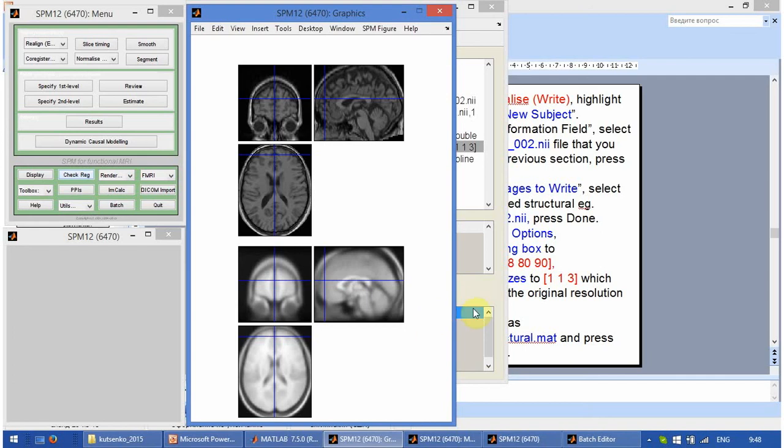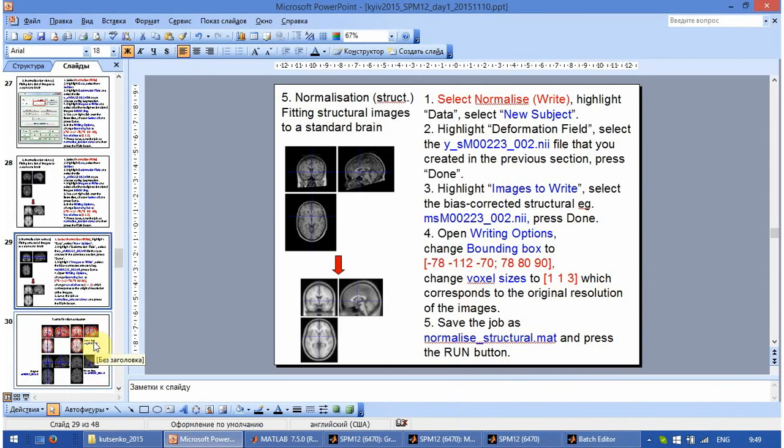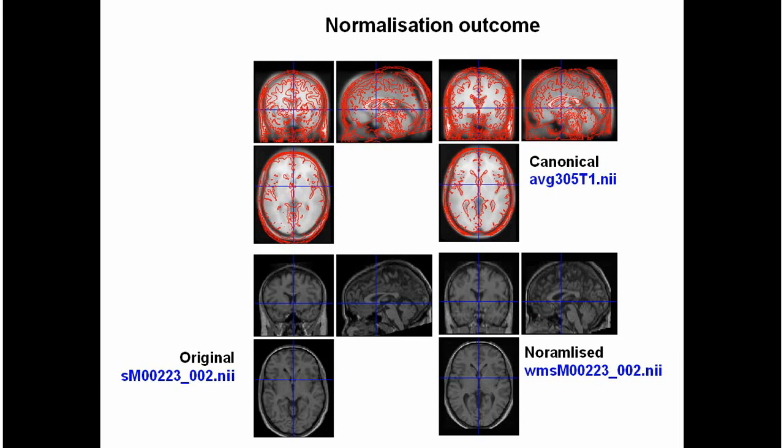So the normalization is finished, and we can go to the next step, which is smoothing. This slide illustrates how the normalization procedure changes the shape of the structural image.